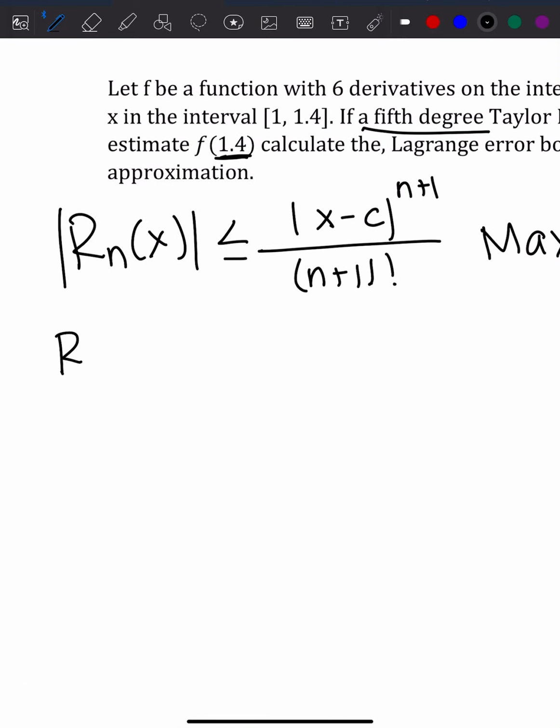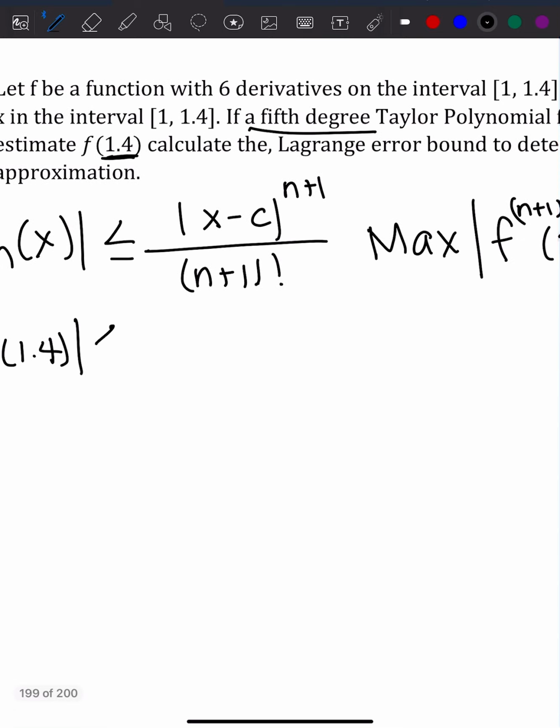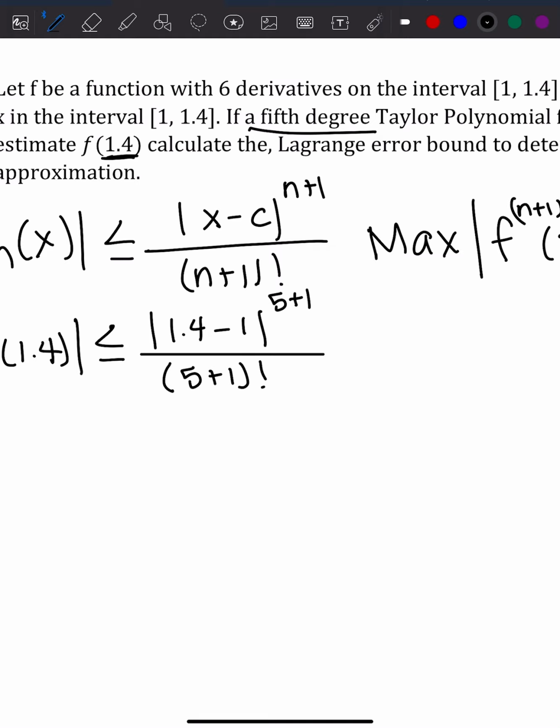So r sub 5 of 1.4. We know n is 5, x is 1.4, so this is less than or equal to the absolute value of x, which is 1.4, minus 1 to the 5 plus 1 divided by 5 plus 1 factorial.